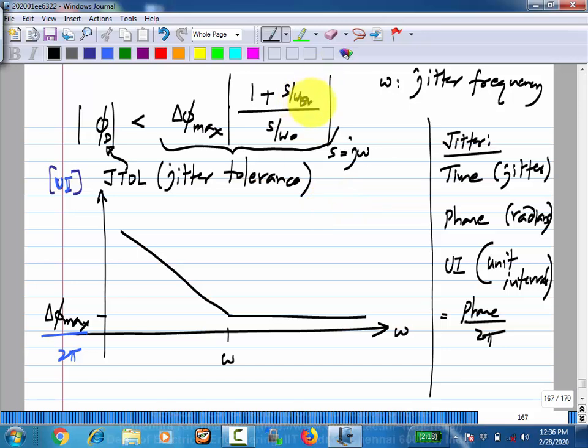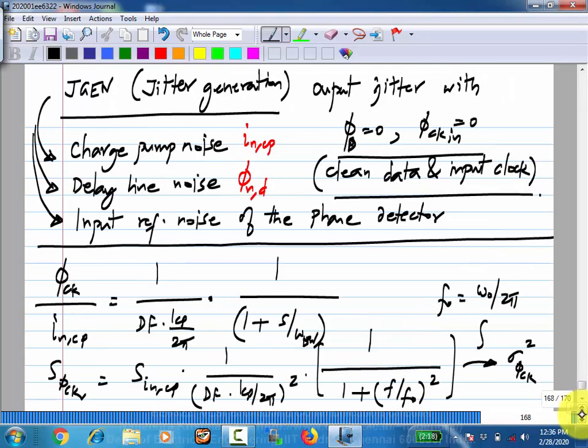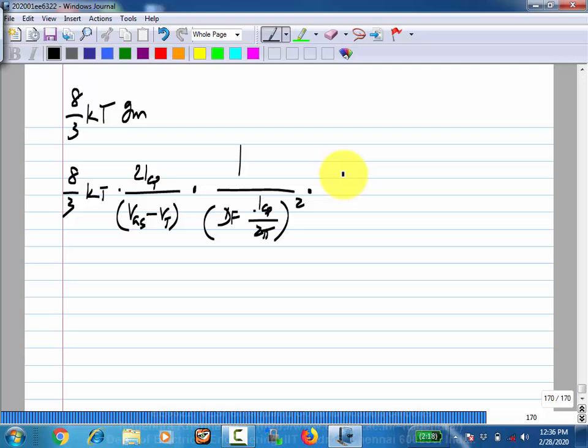Maybe I have to change that notation. This is the spectral density of the clock due to the charge pump noise.